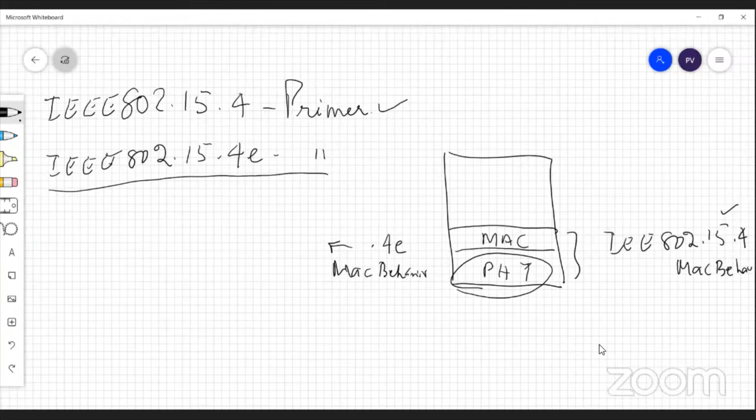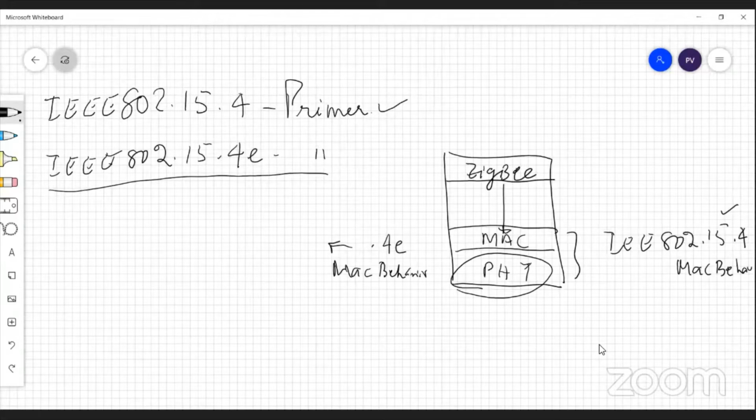Now, if you look at ZigBee, ZigBee comes right on top, and it's a consortium of industries which came up with the standard, and they said that they'll start using the same MAC and PHY. Okay, and that's how ZigBee is interchangeably used for 802.15.4. Actually, it's not true.